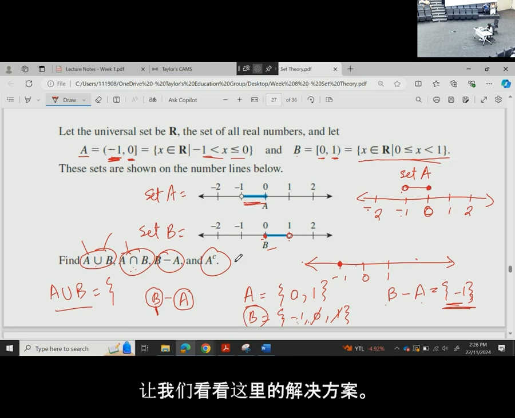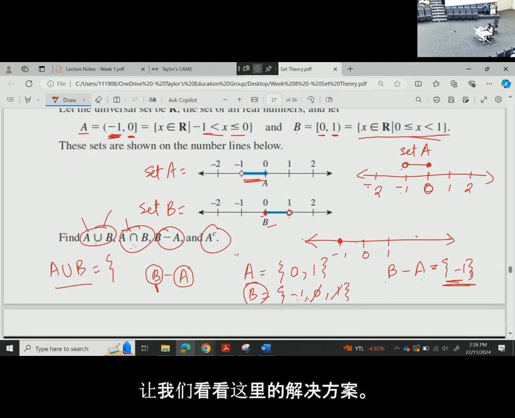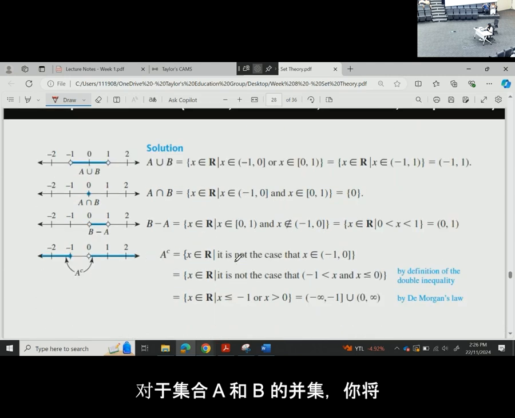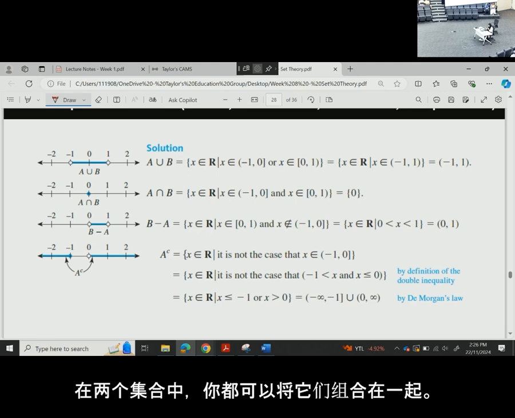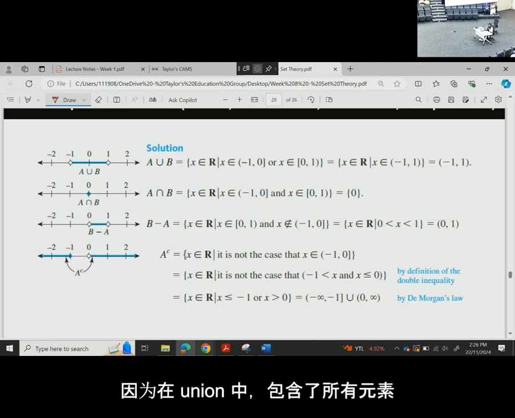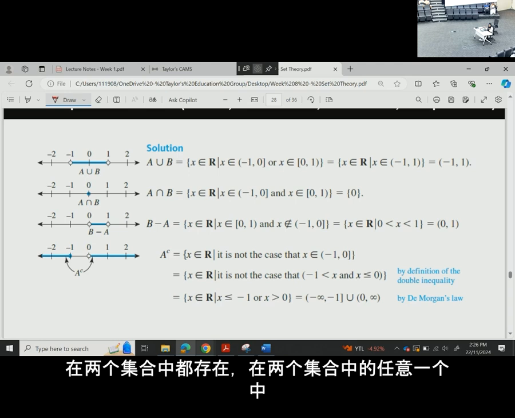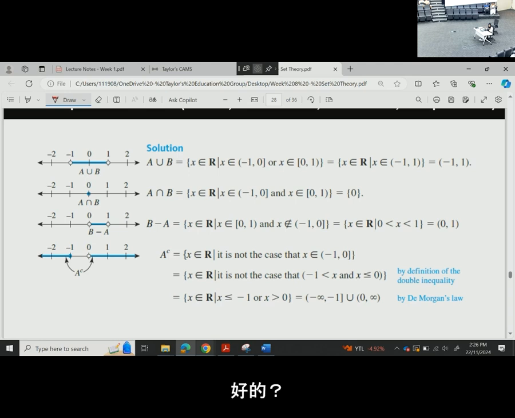For your union and intersection, the same thing. Let's look at the solutions here. For the union of sets A and B, you will look at the range of the elements in both the sets, and you will combine all of them, because in union you include all the elements that are present in either of the two sets.